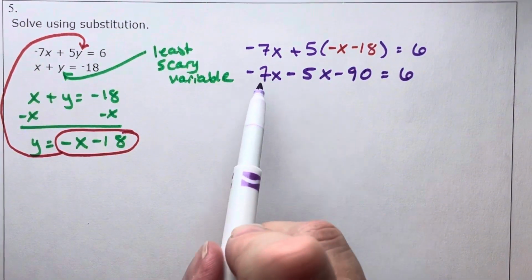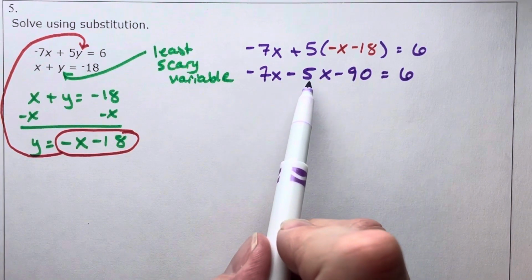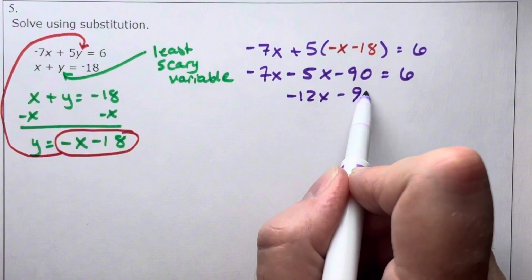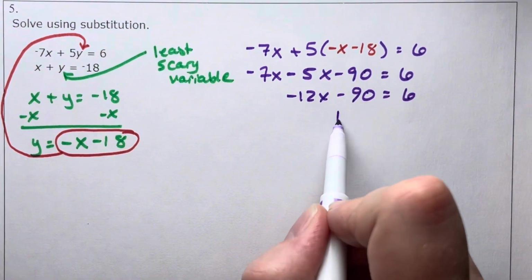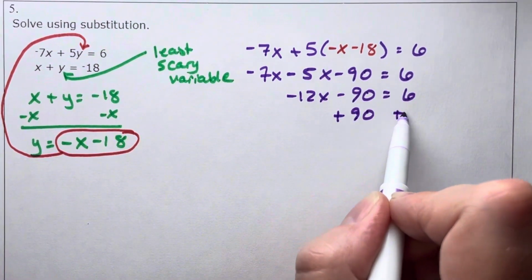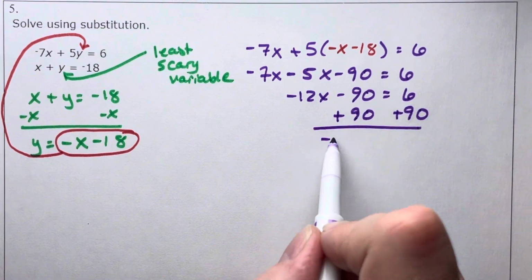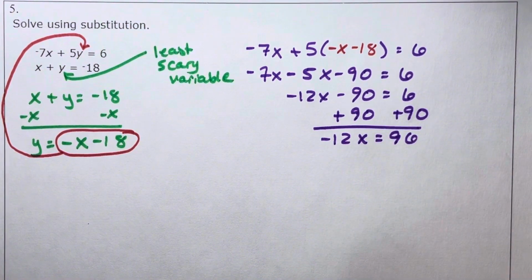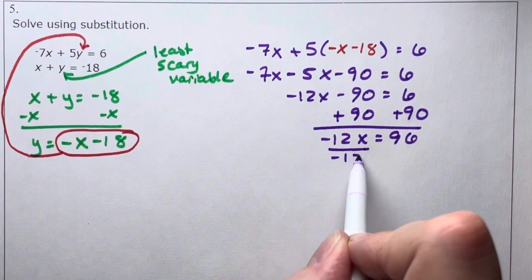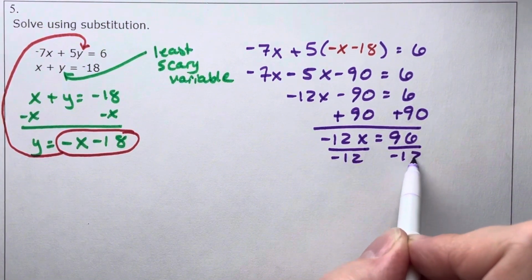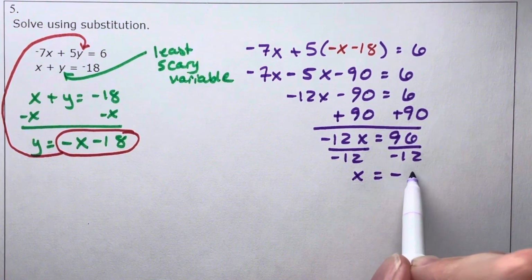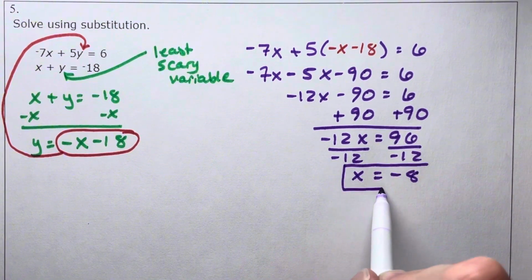Great. Combining like terms, -7x minus 5x is -12x minus 90 equals 6. Adding 90 to both sides, we have -12x equals 96. And finally, we divide by -12 on both sides, so that x ends up having a value of -8.